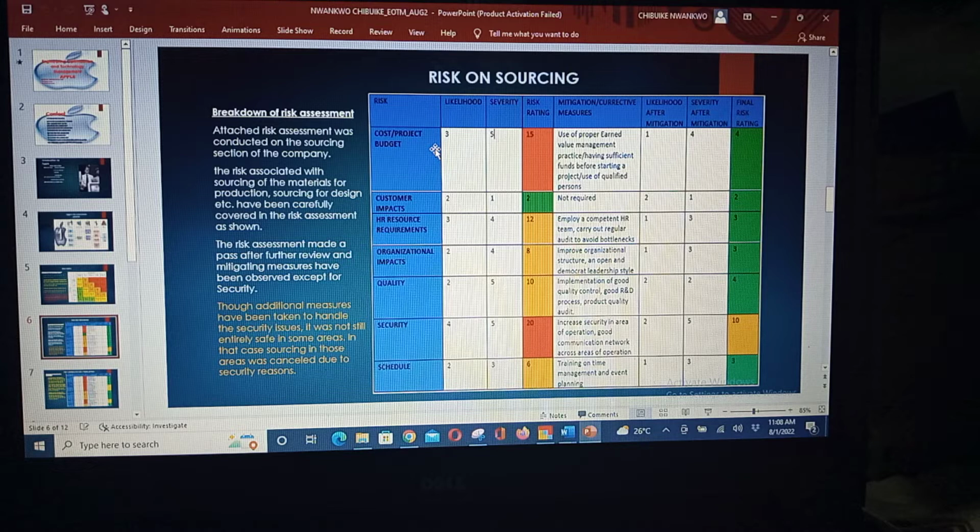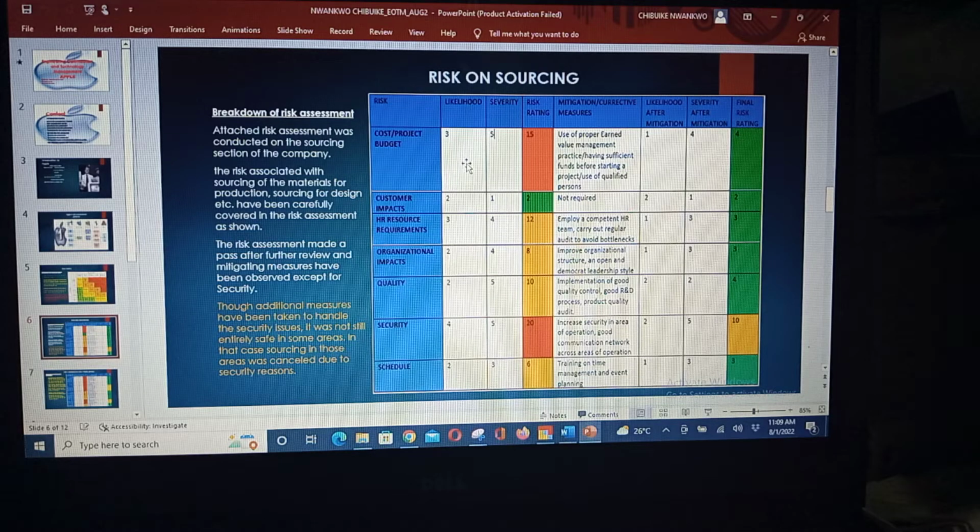I would like to start with the cost and project budget. The likelihood of the cost and project budget, which is actually the foundation of the entire project, really matters for the success of every project. So for that reason, the severity is high, and the likelihood of it happening if measures are not put in place is also high.